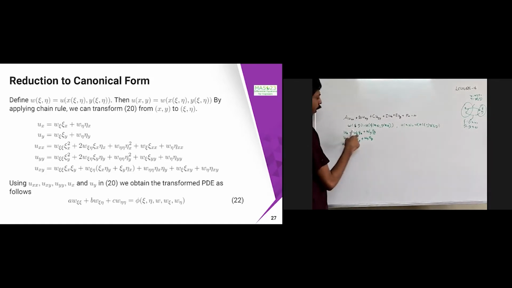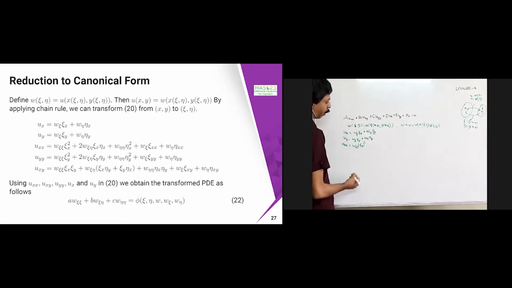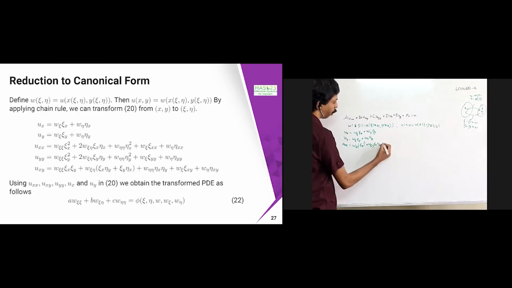is going to be, you have to differentiate this one, therefore this is going to become like, first time differentiating this one, w chi into chi x whole square is going to be. Because I got to differentiate again with respect to chi x, therefore it is going to become like chi x square. Then plus I have w chi, and with respect to eta also I got to differentiate, therefore this is going to become like w chi eta x into chi x into eta x is going to come.